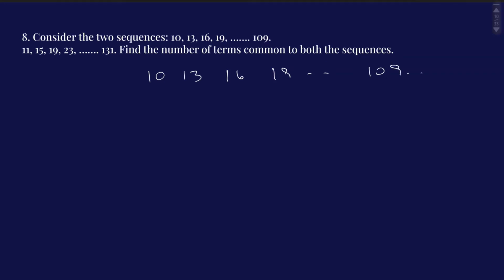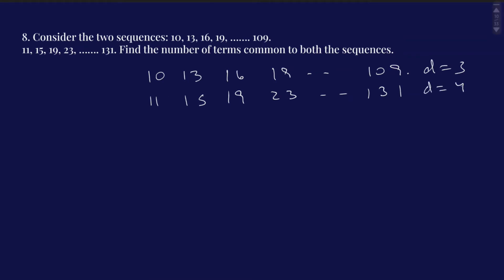In this series the common difference is 13 minus 10, 3. Okay, the second series is 11, 15, 19, 23 and so on till 131. In this series the common difference is 15 minus 11, 4.